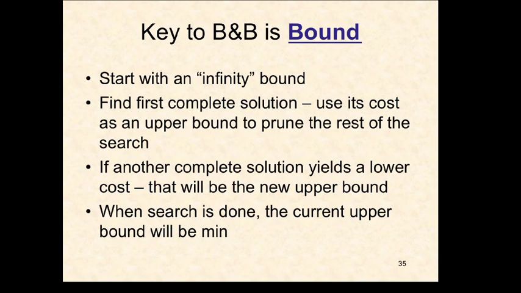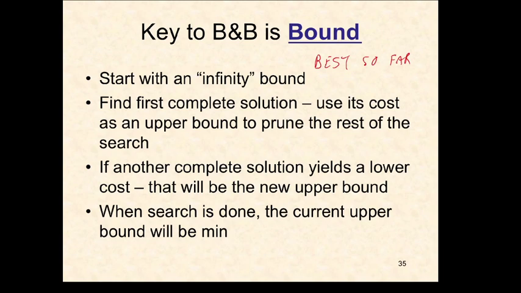So let's look at what we want to do to branch and bound. The first thing we're going to do is start with a bound of infinity. Think of this as our best so far. My best cycle length so far is infinity. Let's improve on that. The very first complete solution we find, no matter how good or bad it looks, is still going to be better than infinity.